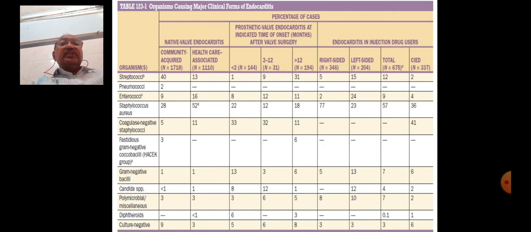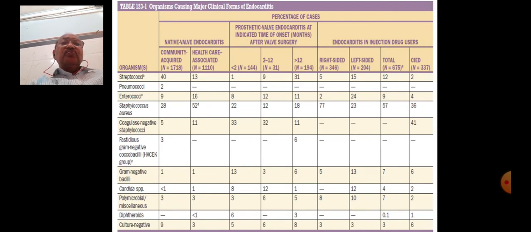Staphylococcus can also occur in community acquired, but much less than streptococci. In contrast, in the healthcare associated infections, it is predominantly staphylococcal and streptococci are much fewer.